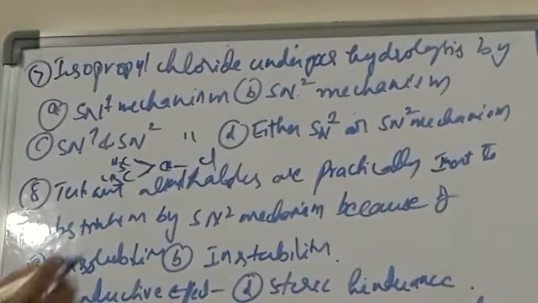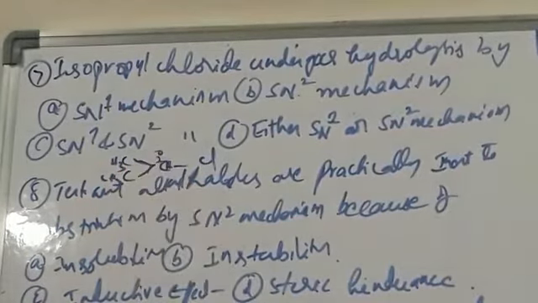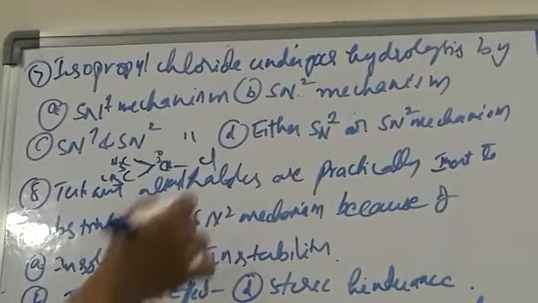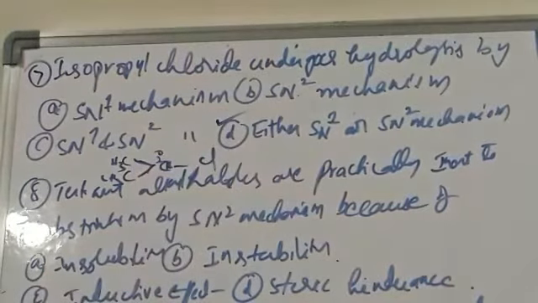So here the nature of the carbon atom is secondary carbon atom. So that's why in isopropyl chloride, we observe either SN1 mechanism or SN2 mechanism. So option D is correct. SN1 mechanism or SN2 mechanism.